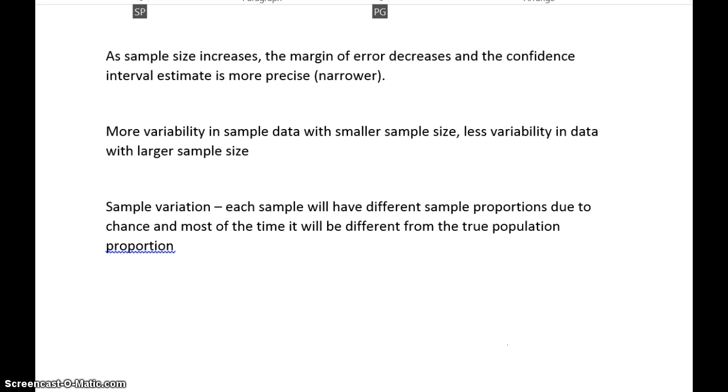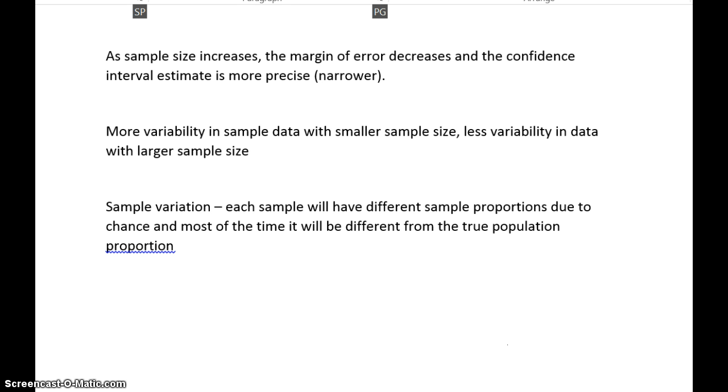Okay, as the sample size increases, as you take more and more elements in your sample, whether it's people or M&Ms, the margin of error decreases. In other words, you get more precision in your interval. It's more precise.